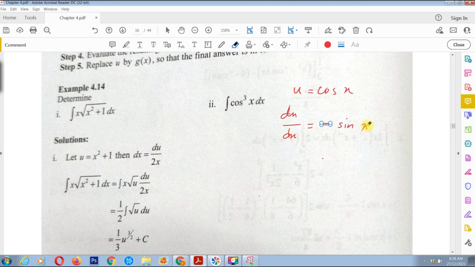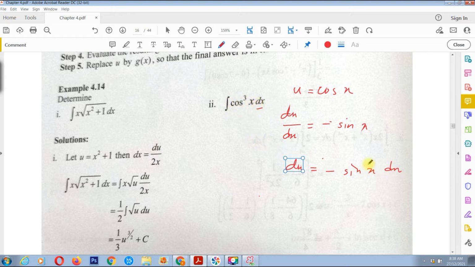So du equals negative sine x dx. So we have dx, but we don't have sine x here.